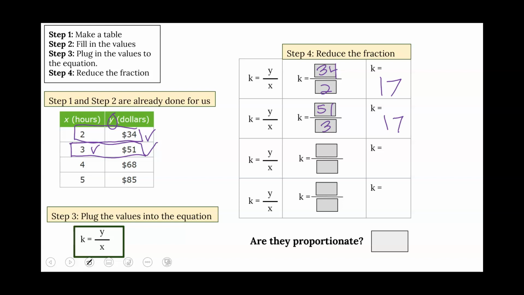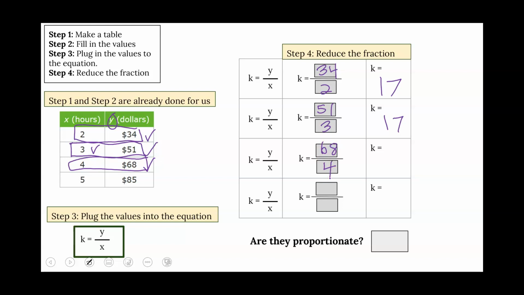Now, if I go through here and I get a number that does not match these 17s, I can stop, because I automatically know that it is not proportionate. So we're going to keep going. Line 3, my Y is 68 and my X is 4.